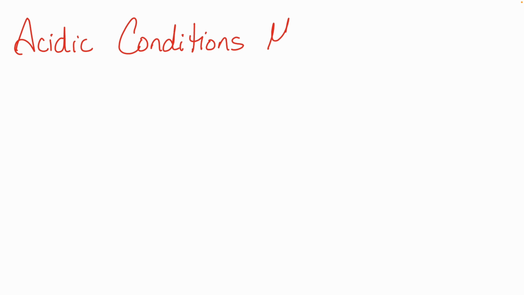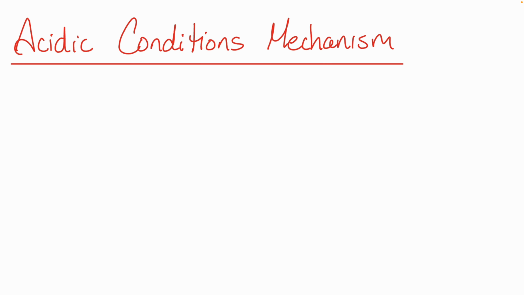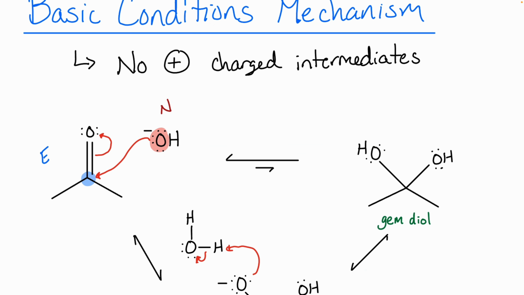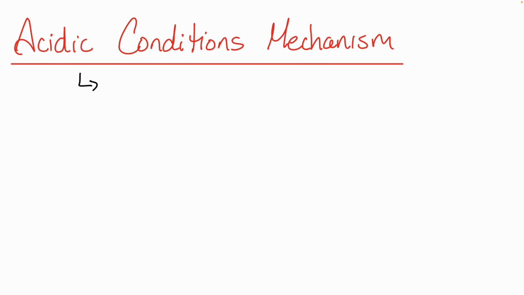All right, we can do this same reaction here, but under acidic conditions. All right, what am I not allowed to have under acidic conditions? We said under basic conditions, no positively charged intermediates. What is it going to be for acidic conditions? No negatively charged intermediates.